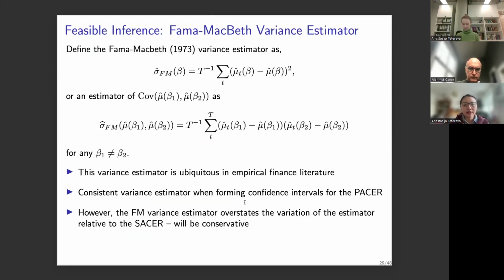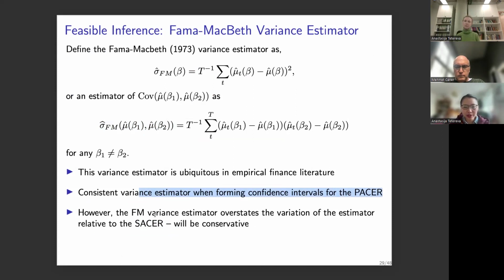Okay, so then we changed a bit on this Fama-MacBeth claim versus our previous version. Fama-MacBeth overstates the variance estimator for CASR, but it's precisely a consistent estimator when forming a confidence interval for PACER.